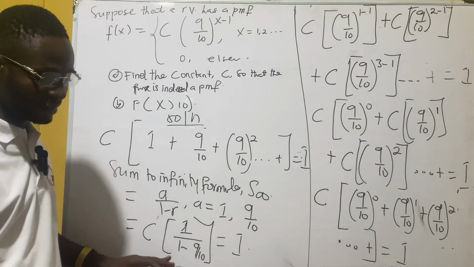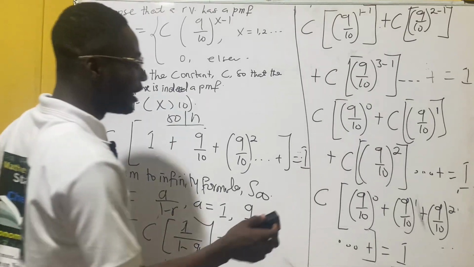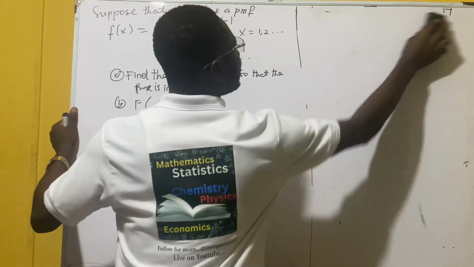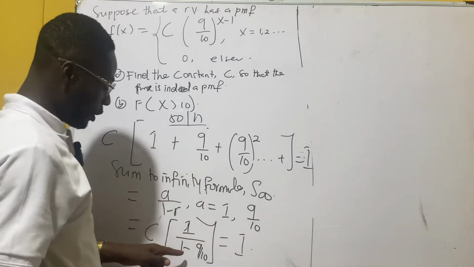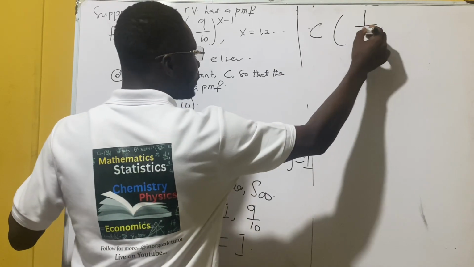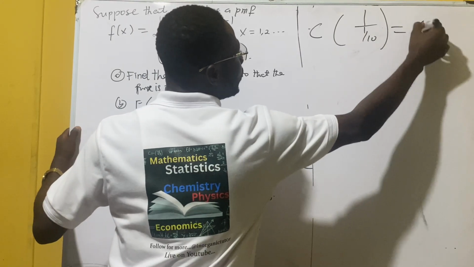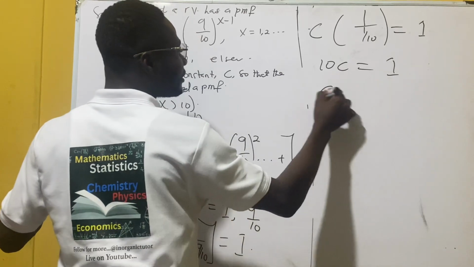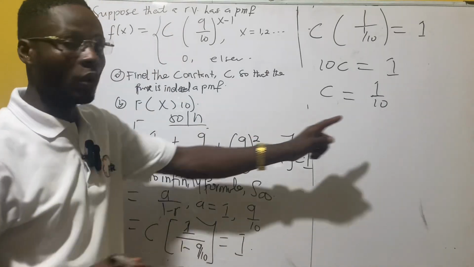Okay, so once we have this, we can go ahead and do the necessary computation. When we simplify this very well, we can say that c into 1 on 10 is equal to 1. So we have 10c is equal to 1, so c equals 1 on 10. That is the constant.